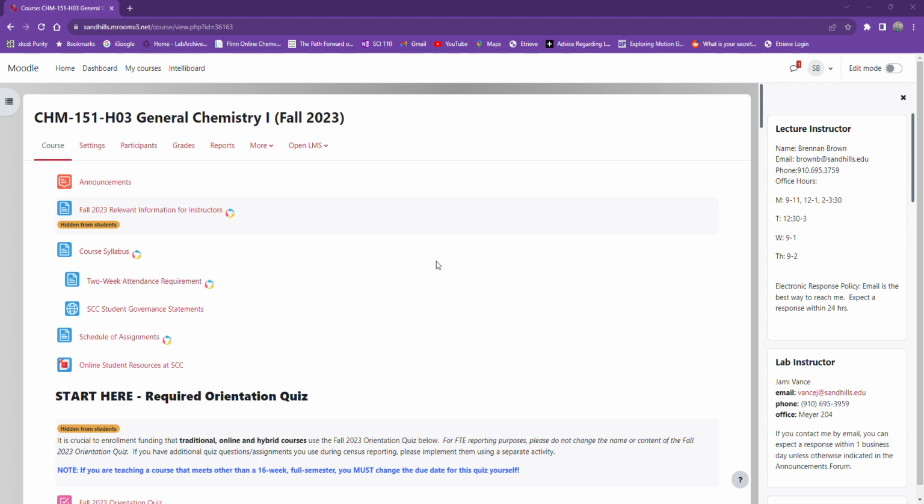C's will be earned with a final percentage of 81.9 to 73. D's can be earned from a final percentage between 72.9 and 64, and any percentage below 64 results in an F for the course.